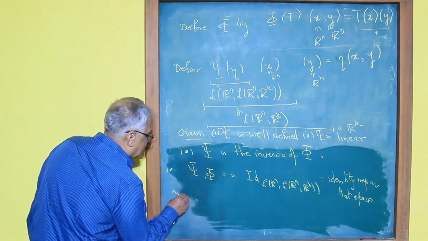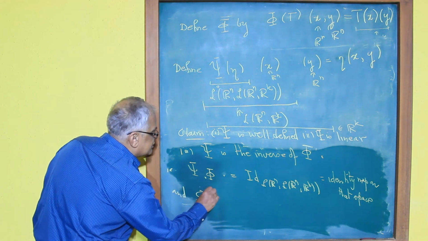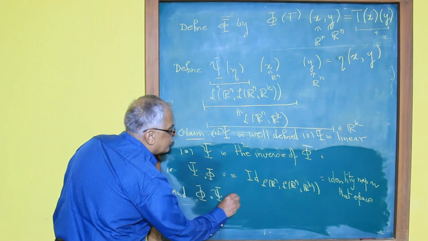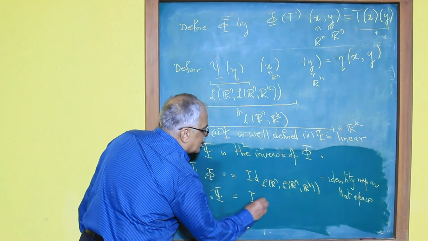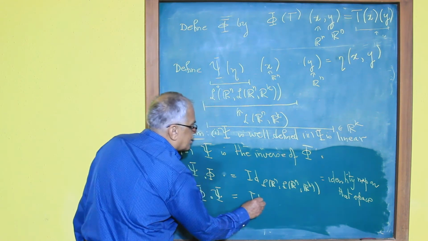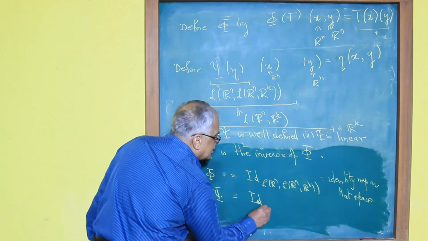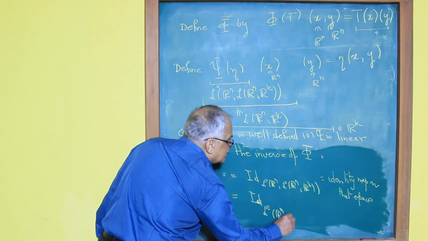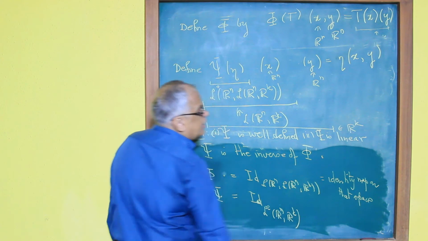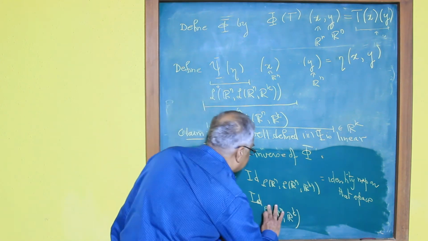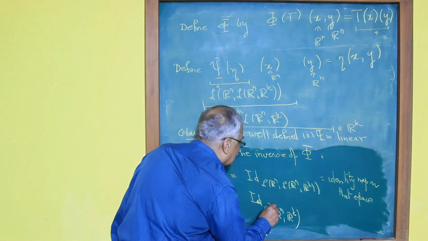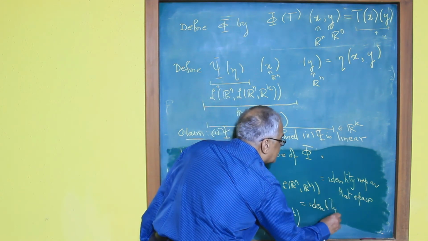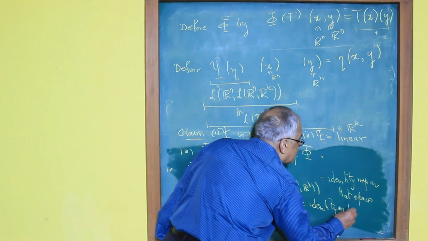And first take psi and then take phi, and this quantity is the identity on the space of bilinear maps from Rn cross Rn to Rk.